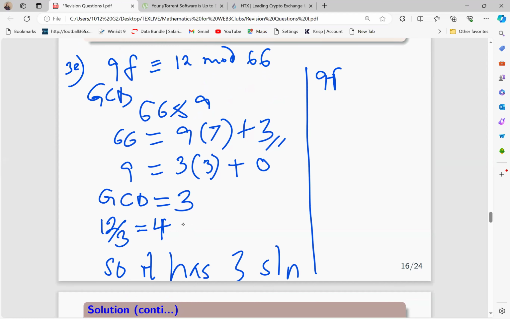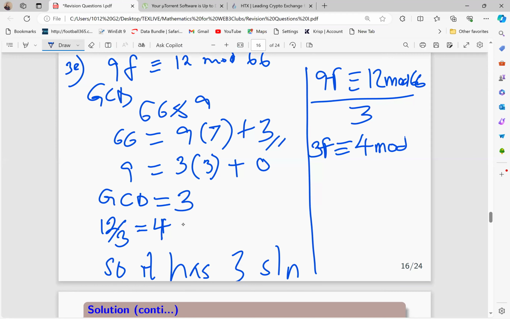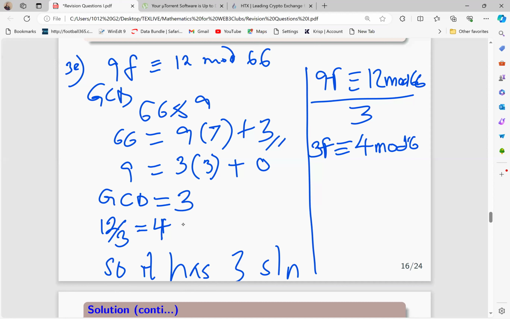So 9. Again, we divide by 3. So it has 3 solutions.